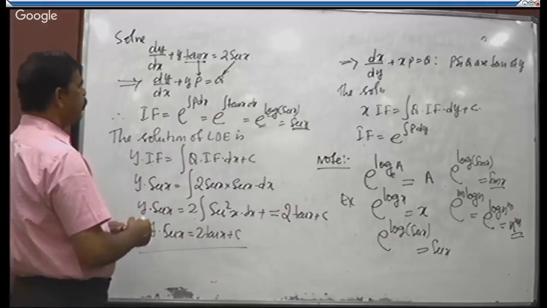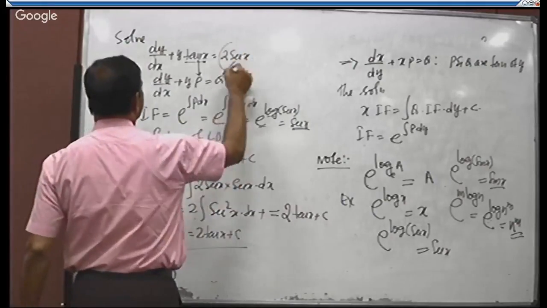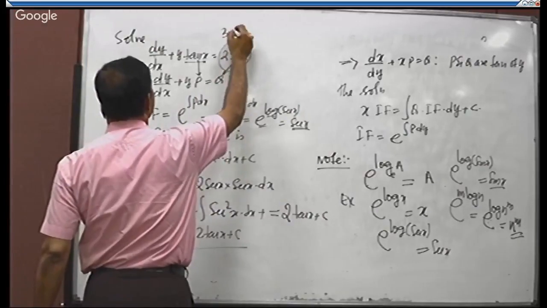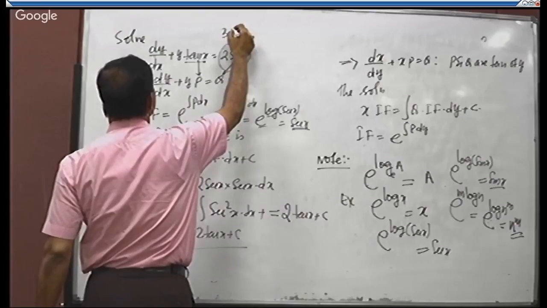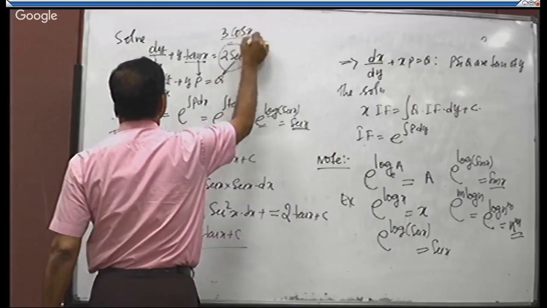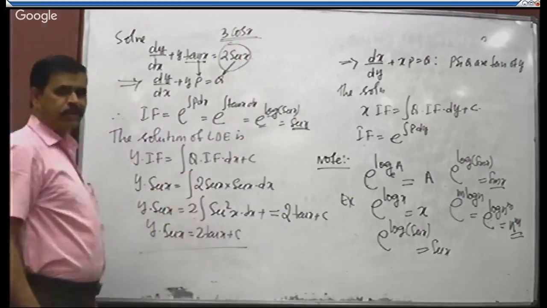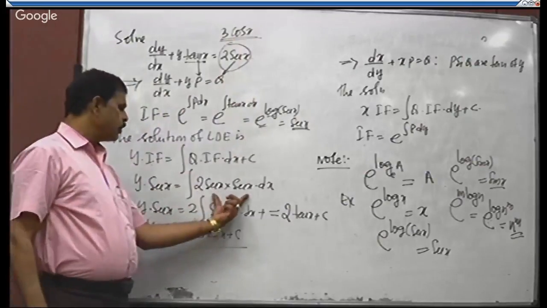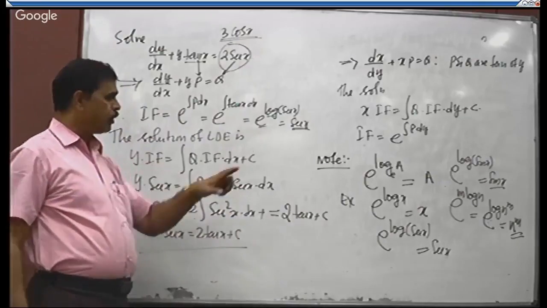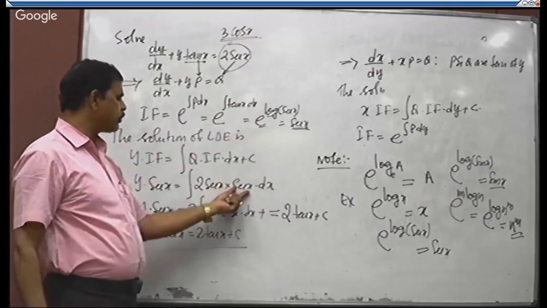The same problem will be given. Instead of 2 secant x, they will give you 3 or 4 or 5 into what? They will give you cos x. If it is cos x, it becomes what? Secant into cos is 1. IF is secant x, this is cos.